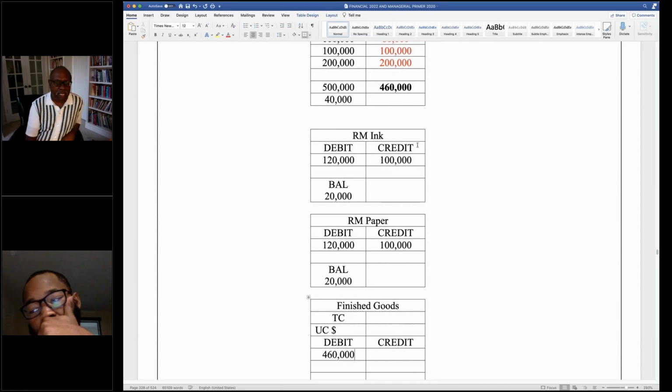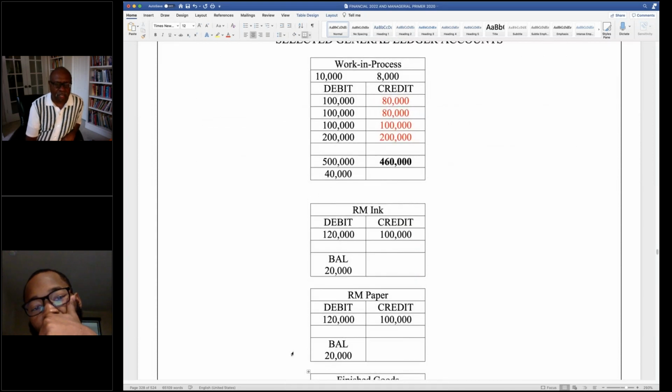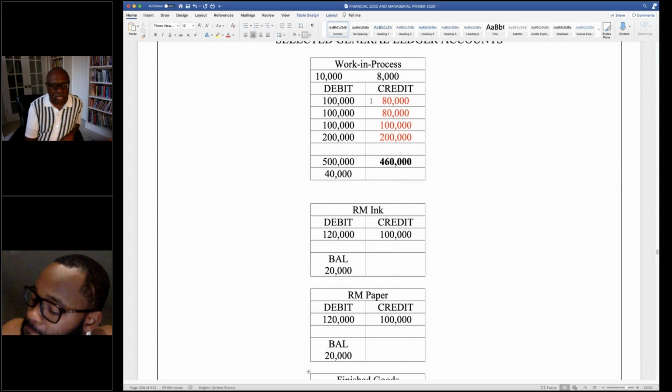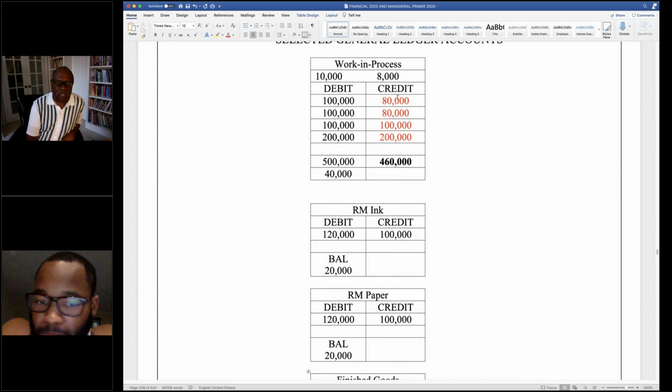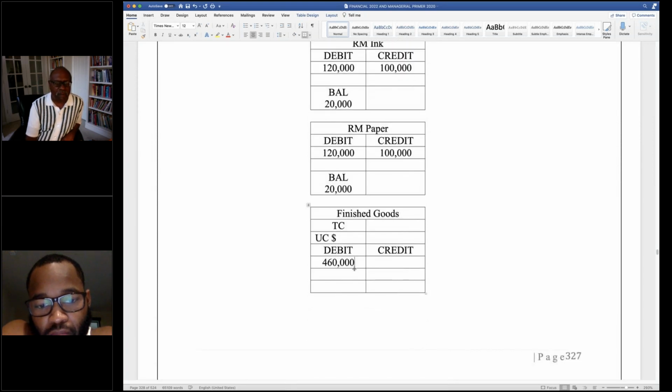You debit finished goods and credit work in process. So once again, we buy the raw materials, transfer them in the work in process, and we bring in the processing cost, labor, and overhead to make the item. Then once the item is made, that's our goal, we transfer the cost out of work in process to finished goods. Oh, I see now. Thank you. You're welcome.